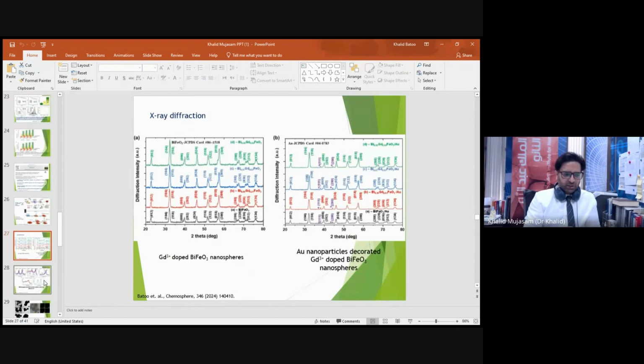However, as I mentioned, when the gadolinium was doped, we had almost the pure structure, especially certain peaks at 200 and 111, which we marked as certain impurity peaks because of the bismuth iron oxide, which is usually a very difficult part to achieve.